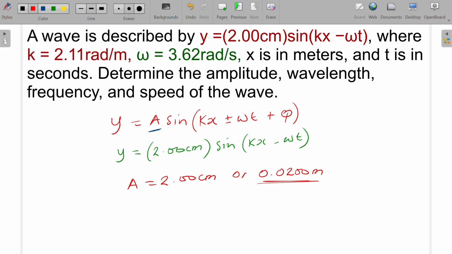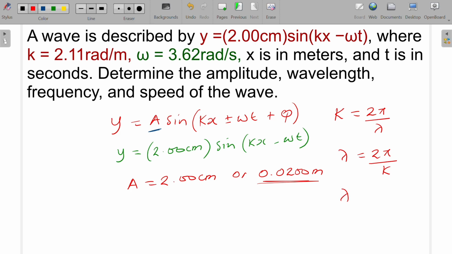Now the second part is asking us to determine the wavelength. So how do we determine the wavelength? We need to use the formula that says the wave number k is equal to 2 pi divided by the wavelength. Making wavelength the subject of the formula, our wavelength will be equal to 2 pi divided by k.